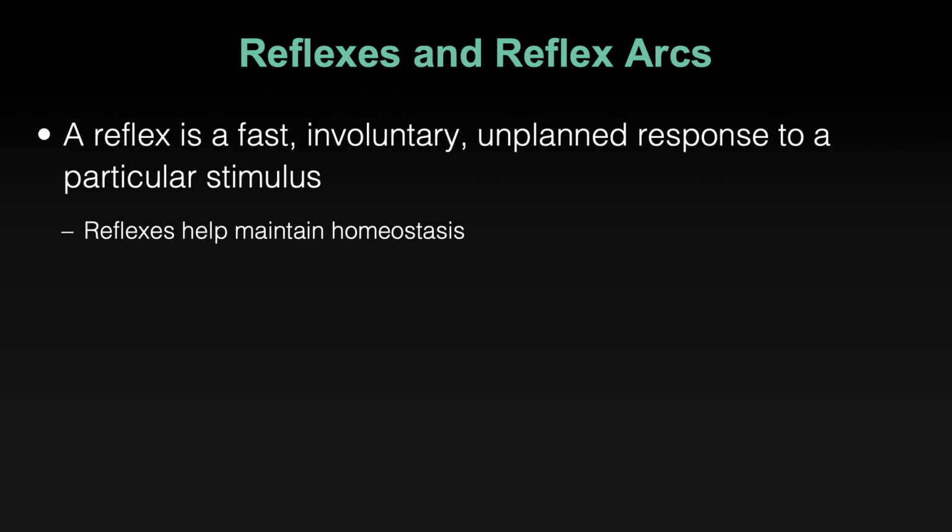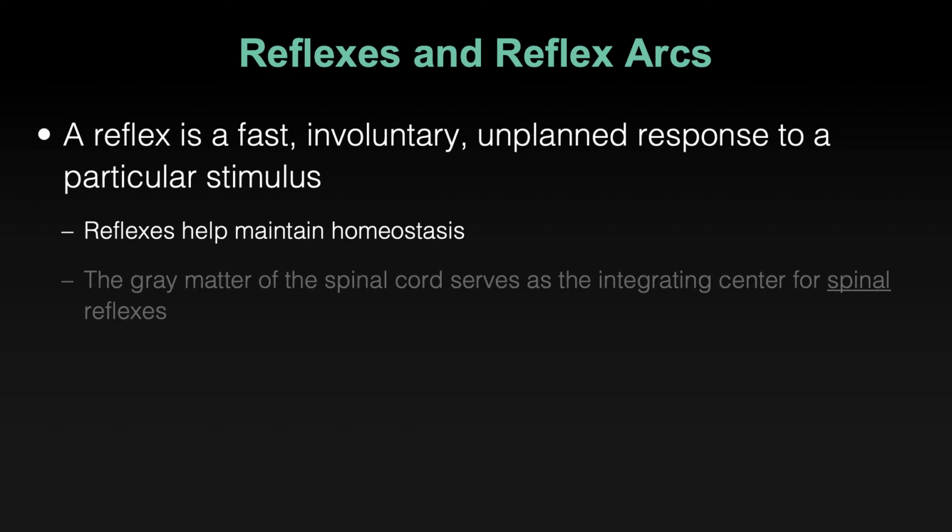It could be to open up some blood vessels to allow blood flow to return. It could be to accelerate or slow down heart rate. It could be to increase or decrease metabolism, to maybe warm yourself if core temperature is getting too low. These are all reflexes that help to maintain homeostasis, that ideal working range.